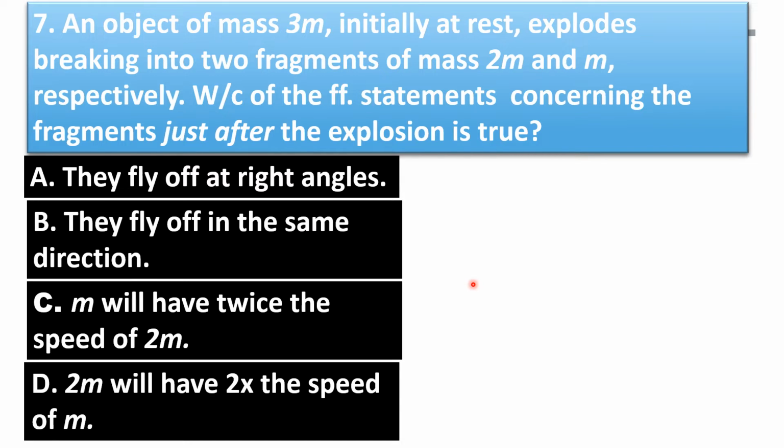Question number 7. We have an object of mass 3m, initially at rest, then it explodes and breaks into two fragments of mass 2m and 1m, respectively. Which of the following statements concerning the fragments just after the explosion is considered true?